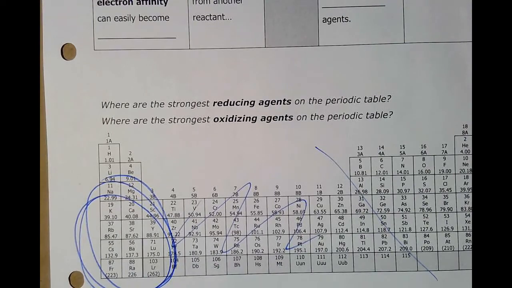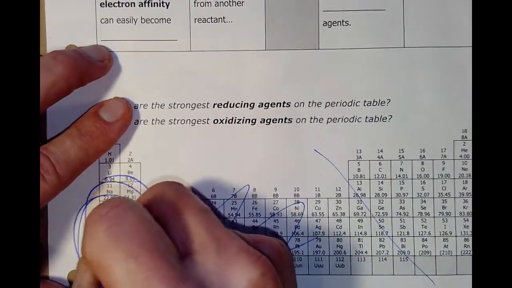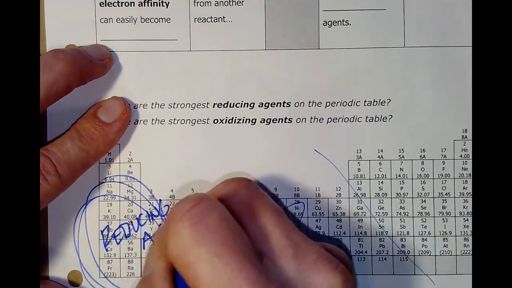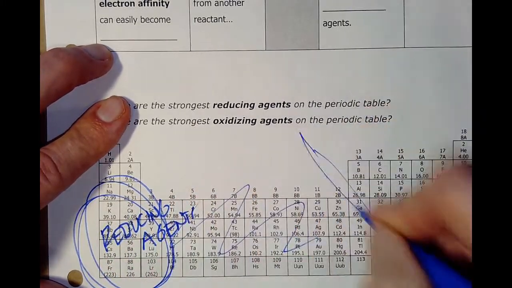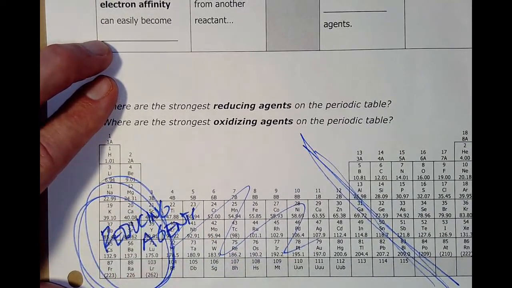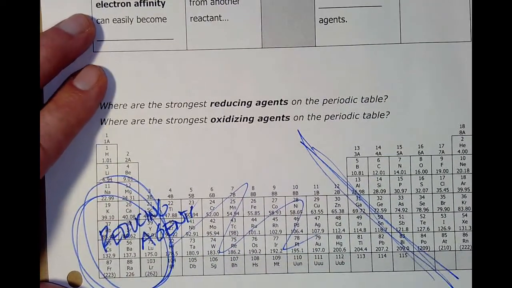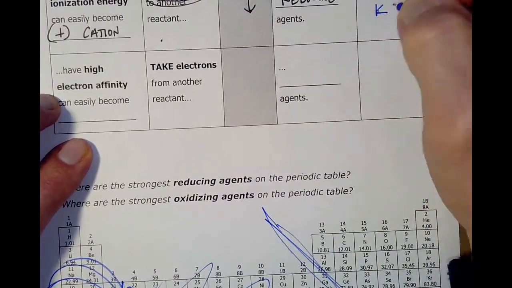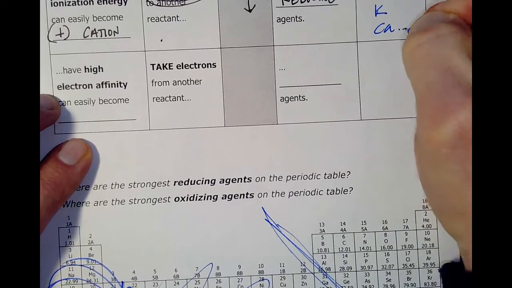When they give up electrons, they reduce somebody else's charge. So we could say these are the reducing agents. Broadly speaking, I suppose we could draw a line there, but these are really strong reducing agents. So we could say something like, oh, sodium, potassium, calcium.